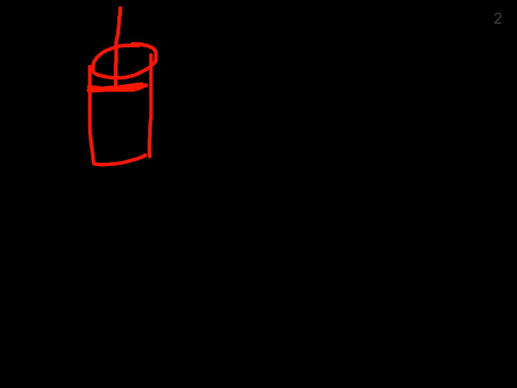Initially, let's say I have some molecules of gas in there. Those gas particles are going to be moving because they're at some temperature. They have kinetic energy. So they're going to be dancing around in there, moving this way, that way, in a random kind of deal.